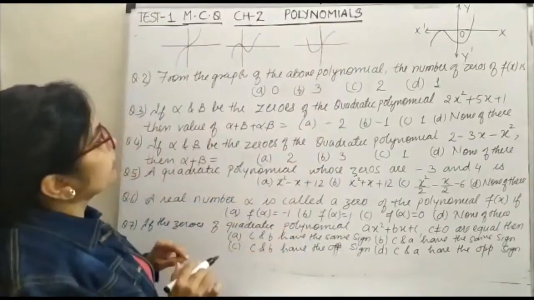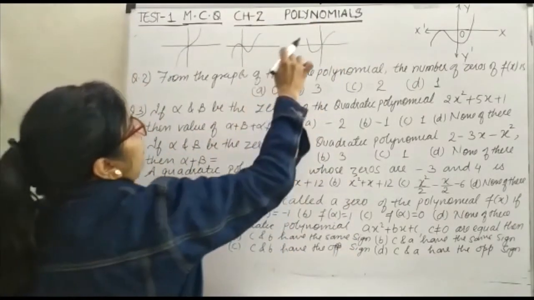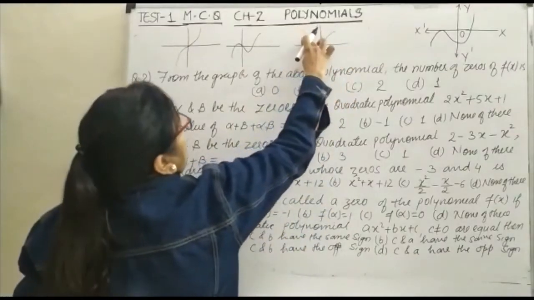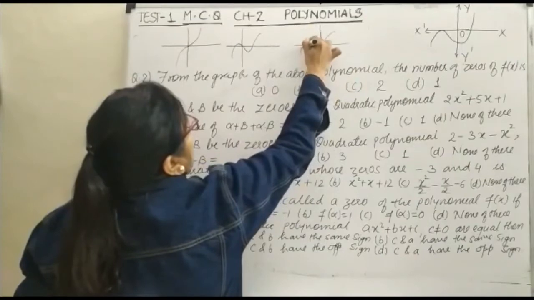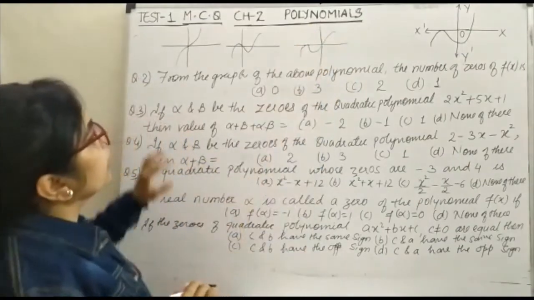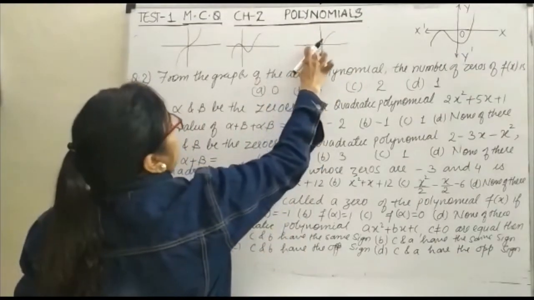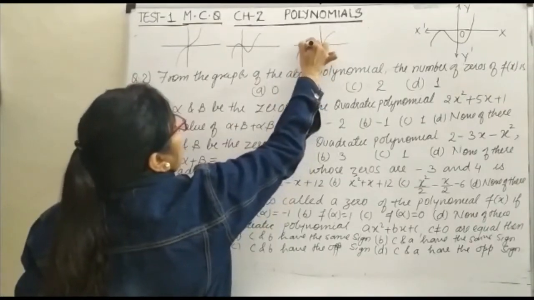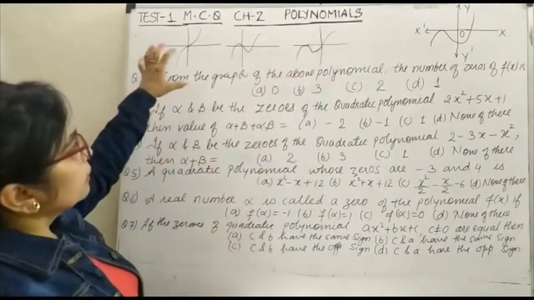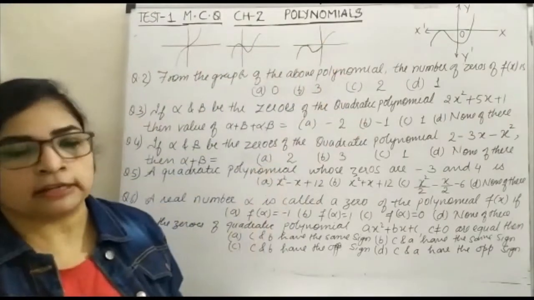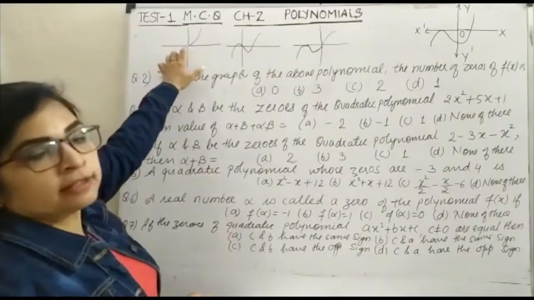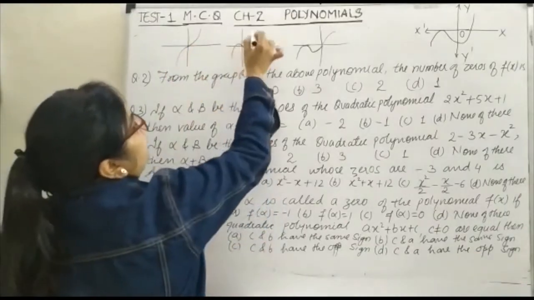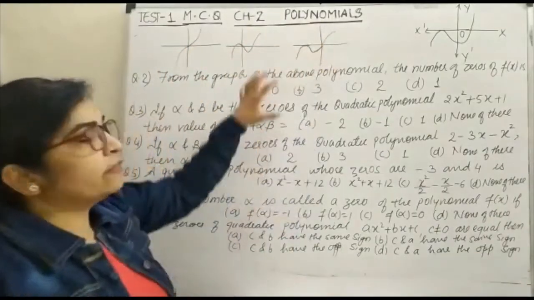So you can see all these graphs, in all these 3 cases, this is of highest degree 3. Here the highest degree is 3, but we have one zero. Here we have 3 and here we have 2.